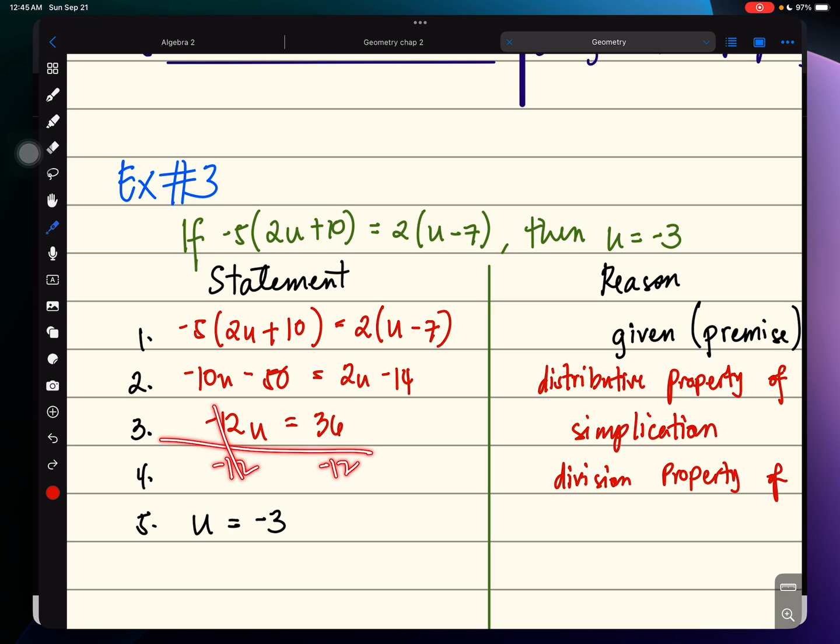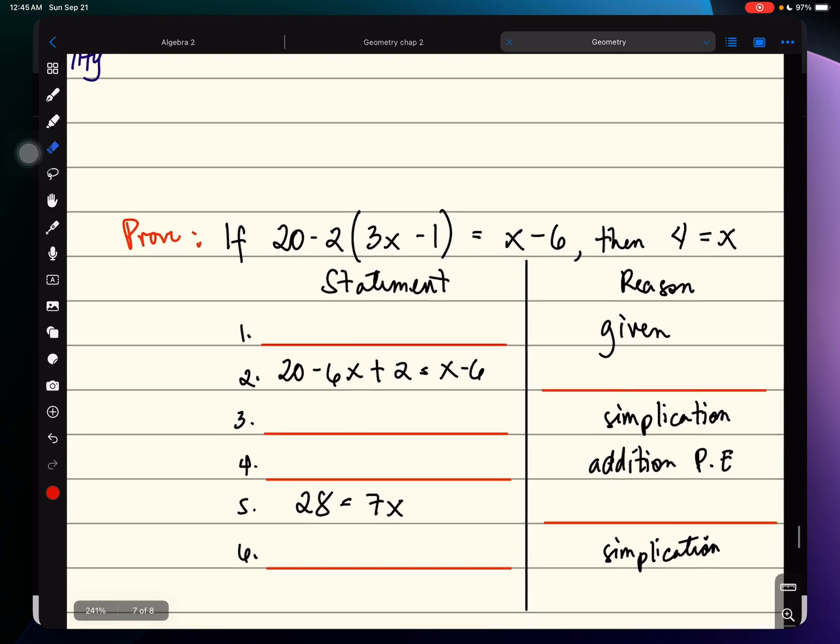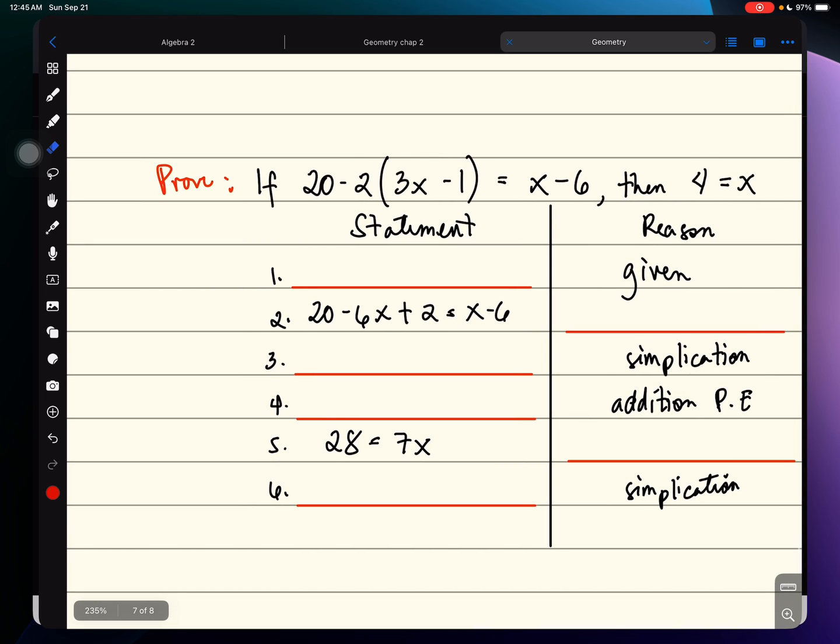So simply cancel this one, so it will remain u equals, how many 12s in 36? So that is -3. Why -3? Because we divided by -12. And for the conclusion, you see, it's still the same. So we can now erase this one. So that is for example number 3. How about this last equation? I'll give you the rest of the time to answer this one.